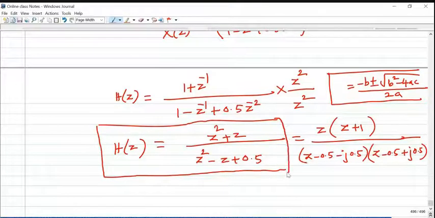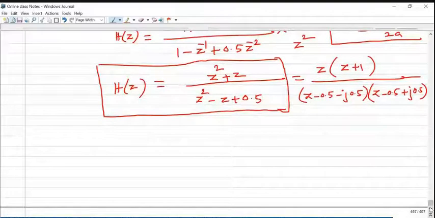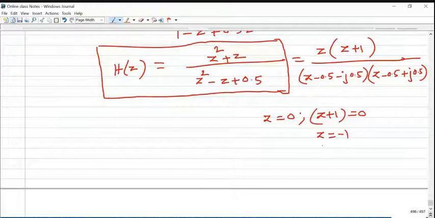Then to find the impulse response, take the inverse Z transform of this. You will get the impulse response. But in the question, plot poles and zeros and check whether the system is stable or not. So numerator: z equal to 0, z plus 1 equal to 0, therefore z equal to minus 1.